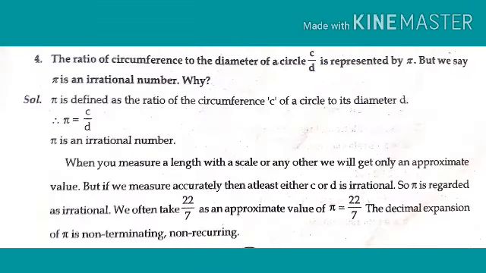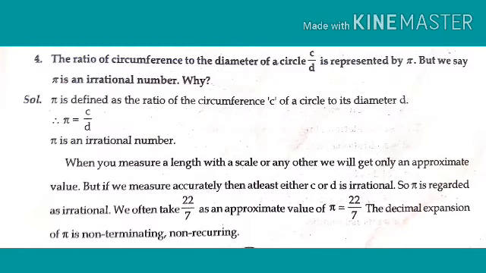Question number 4. The ratio of the circumference to the diameter of a circle, C by D, is represented by pi. But we say pi is an irrational number. Why? Solution. Pi is defined as the ratio of the circumference C of a circle to its diameter D. Therefore, pi is equal to C by D. Pi is an irrational number.